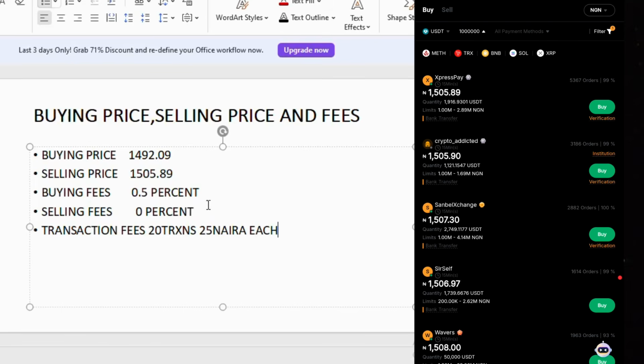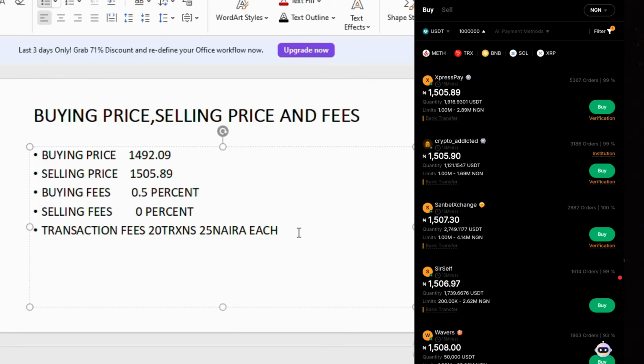That is what gave us the 500 naira. Remember that this 20 transactions for 25 naira each is 500 naira. So just say your 20 transactions are when you were trying to buy, because when you are selling, you're not going to be charged because you're just receiving monies. And even if you're charged just 1 naira, it's not going to be significant.